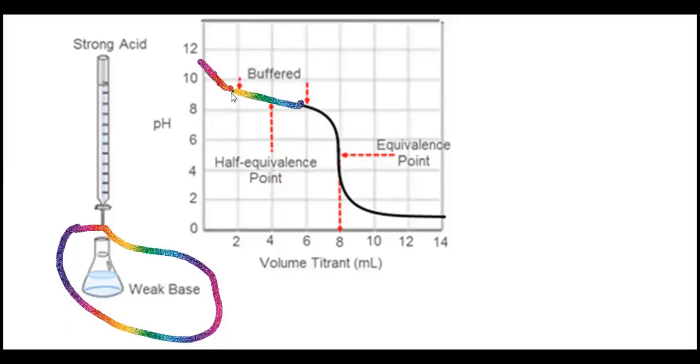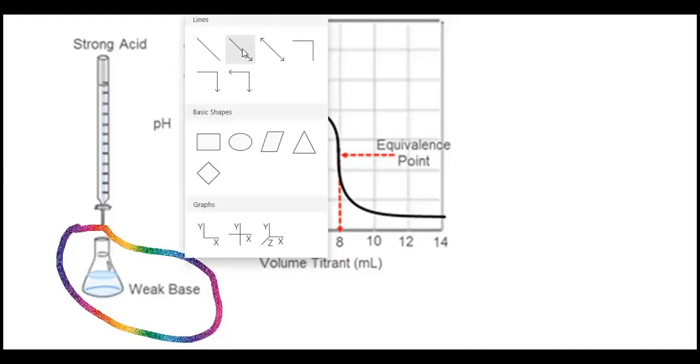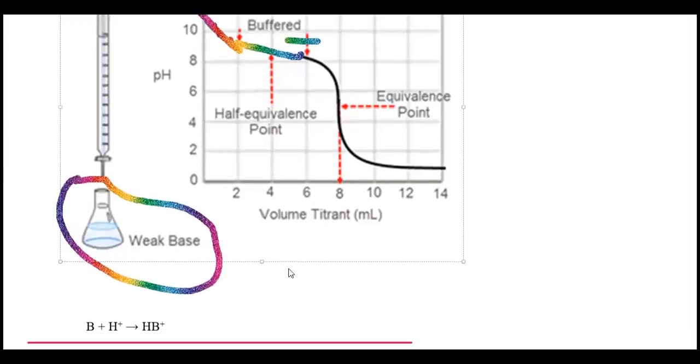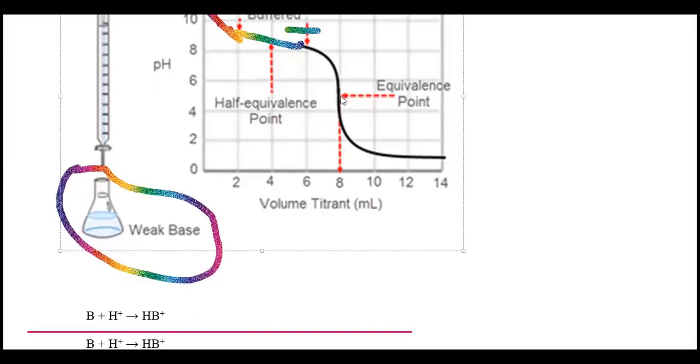Notice that this is going down, then you get a leveling off. Finally, your buffer is wiped out, and you reach your equivalence point. And again, the equivalence point is going to be at a pH that is not 7, but less than 7, because you've turned the base into its conjugate acid. Basically, you've made a weak acid, and that's your equivalence point.